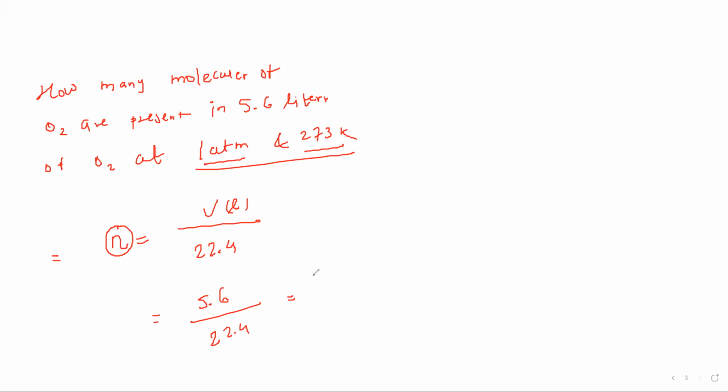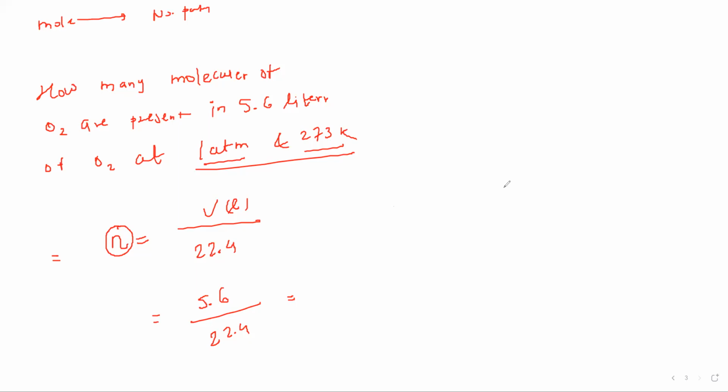And then we have to multiply by Na. So directly from mole, we have to convert into number of particles. Tell me, 5.6 upon 22.4, how much did you get? 0.25.